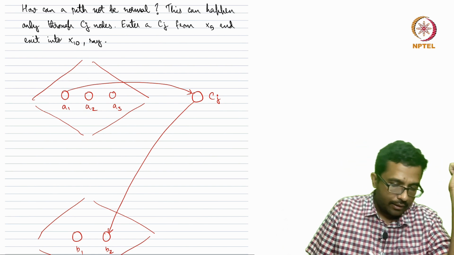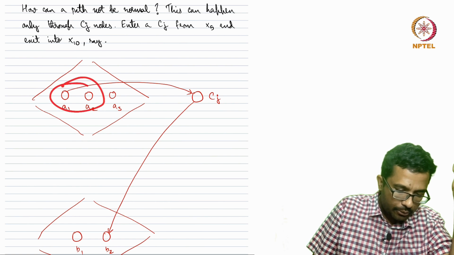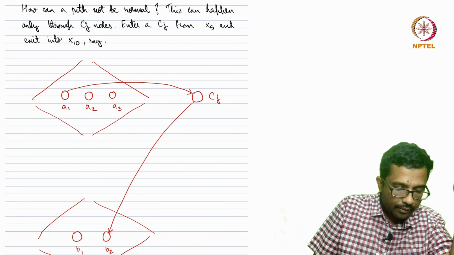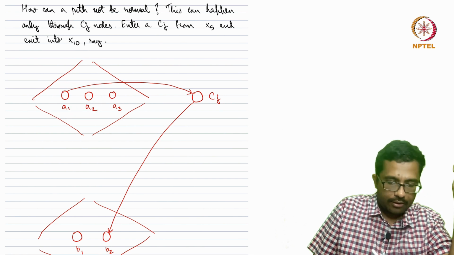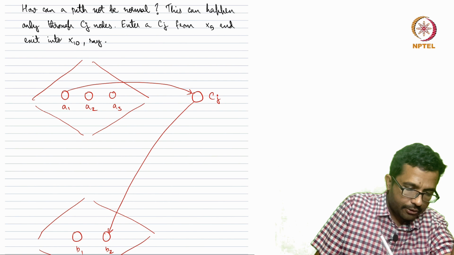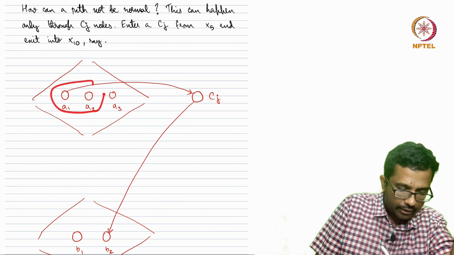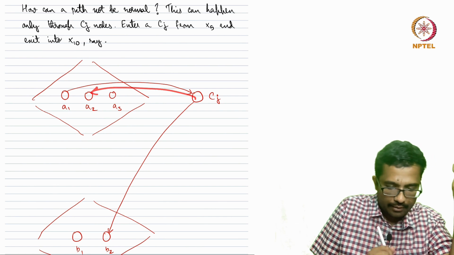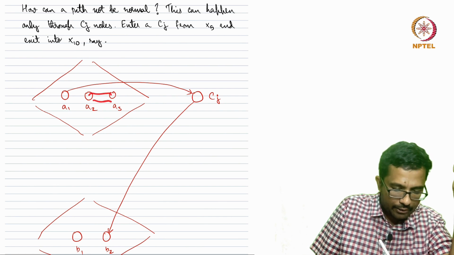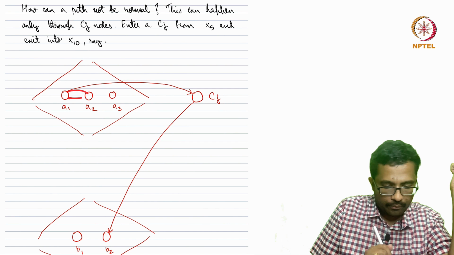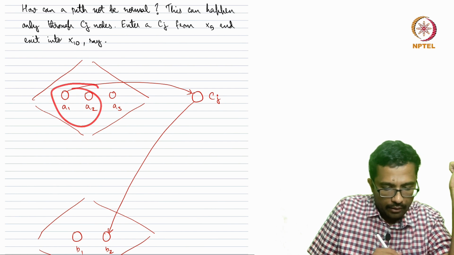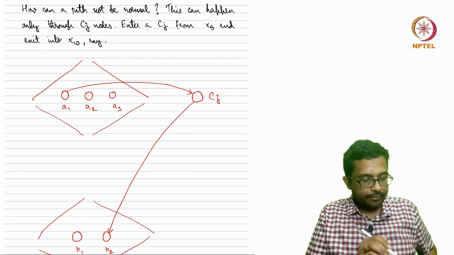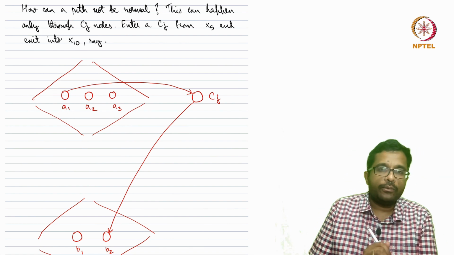Now if this is the box corresponding to the clause Cj, there is an arrow coming from Cj here, and also A3 connects to A2, A1 connects to A2. So if this is the box, how can we enter A2?